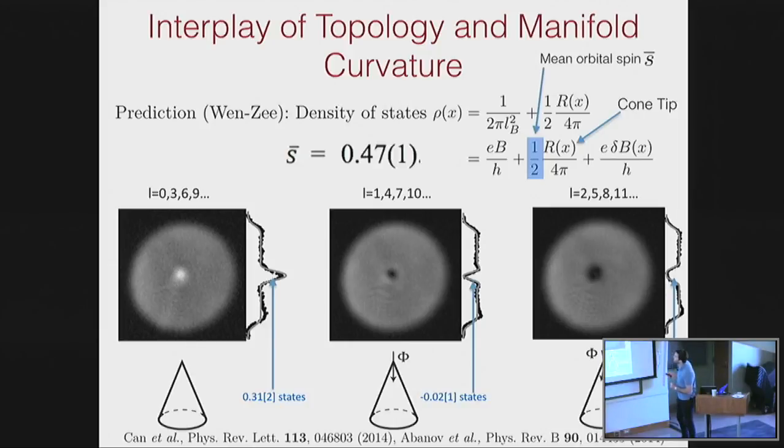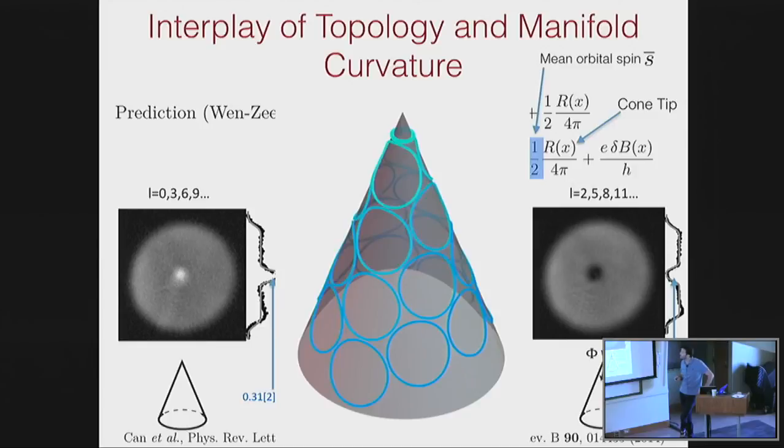Okay? So one can extract from these numbers the mean orbital spin, and I think much of this physics becomes more fascinating once you start trying to do it in a fractional Hall regime, but as a proof of principle, this agrees pretty well with the 1/2 that we expect for an integer quantum Hall kind of state.